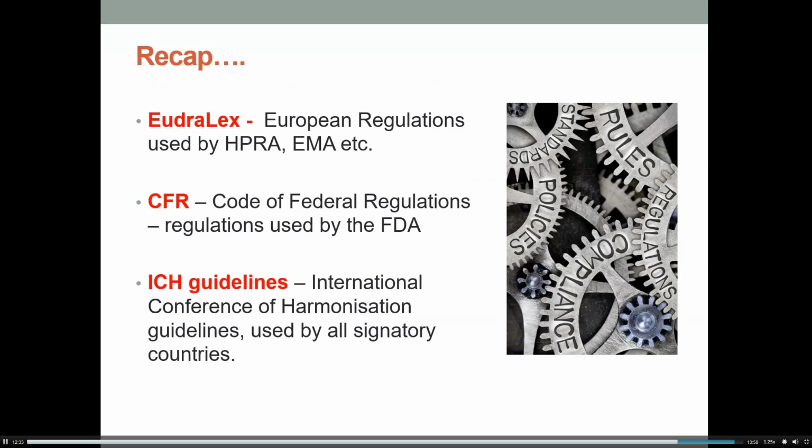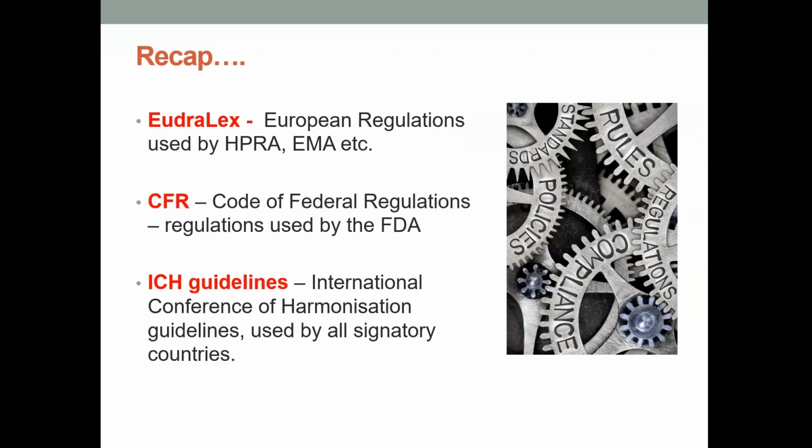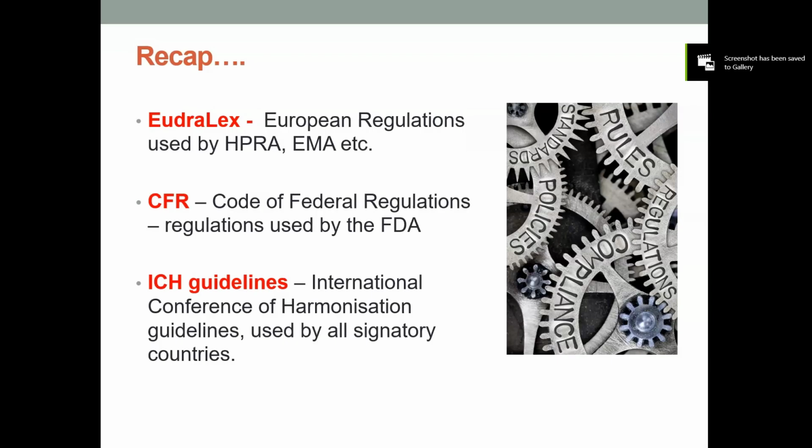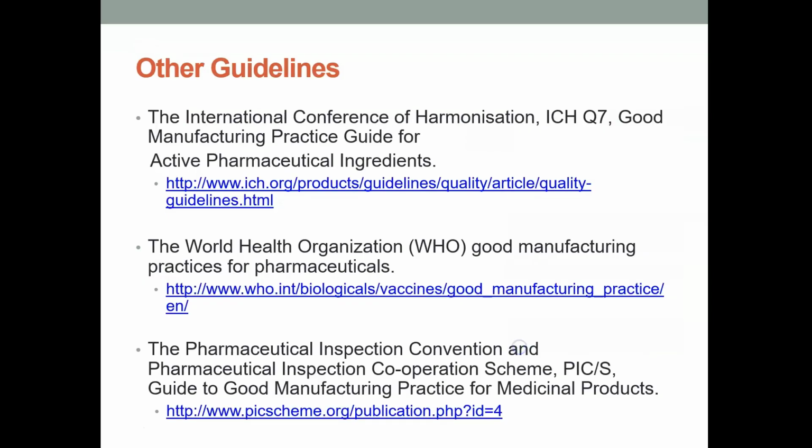So to recap, the EUDRLEX, the European regulations, are used by all of the regulatory bodies across Europe, including our own HPRA. The CFR are the Code of Federal Regulations, and they are used by the US operators, the FDA. The ICH guidelines are the International Conference of Harmonization, and you'll remember those are based with industry groups across the world, including FDA and European Union, and also industry groups, and they are used by all signatory countries.